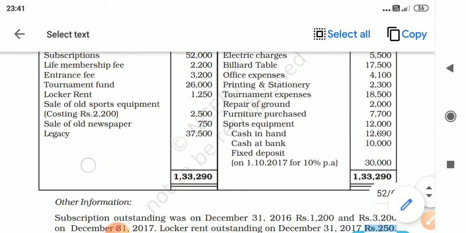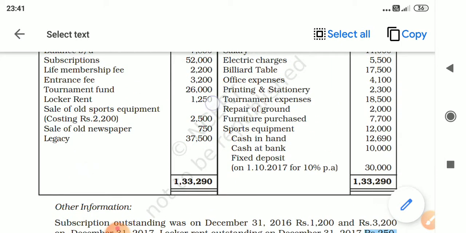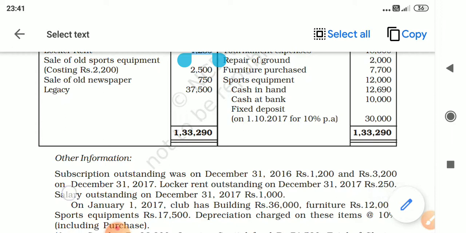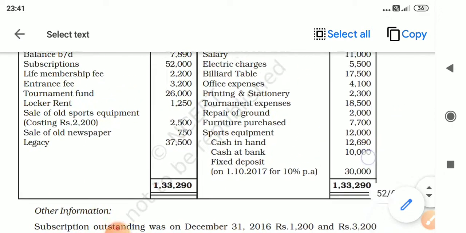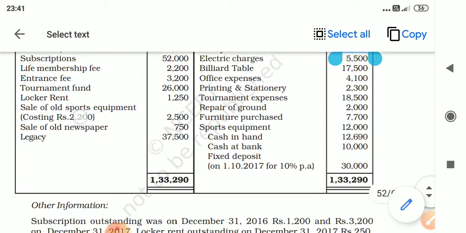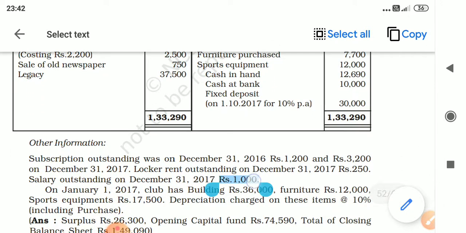The total amount is 1,500, outer column. 1,250 plus 250, 1,500. Okay. Then you have salary outstanding. So salary, expenditure side, inner column 11,000 plus current year outstanding 1,000, outer column 12,000.